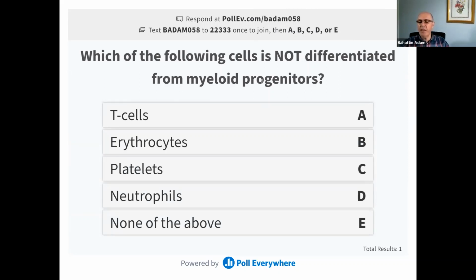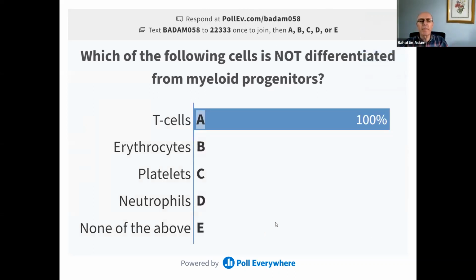If you pay attention, the stem cell differentiates into myeloid cells and lymphoid cells, right? Okay, T cells is the correct one because it does not differentiate from the myeloid progenitors. Okay, good.